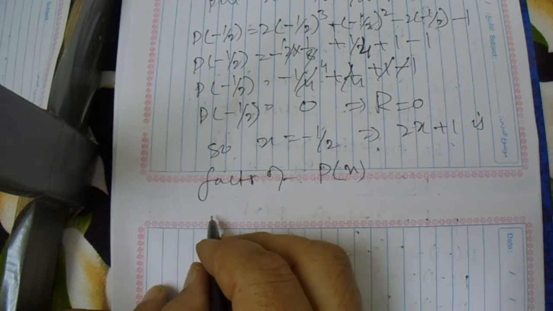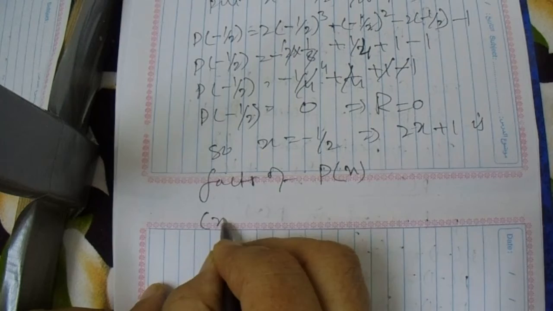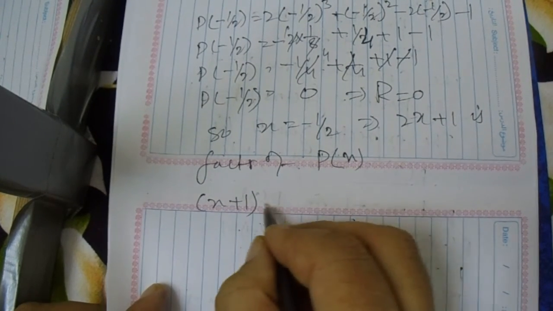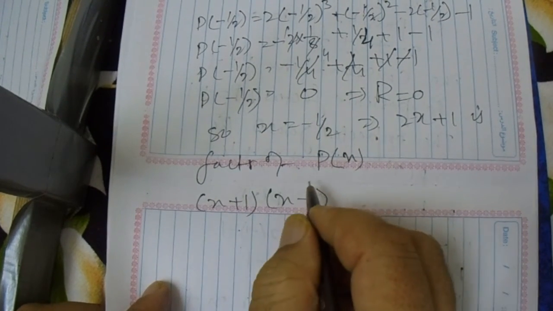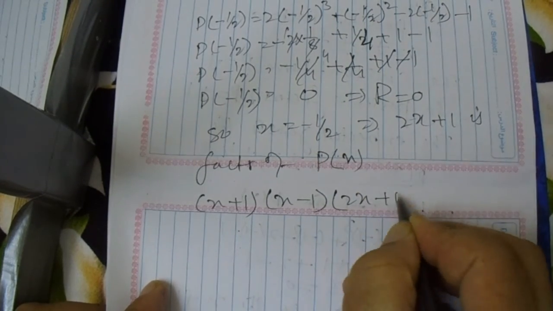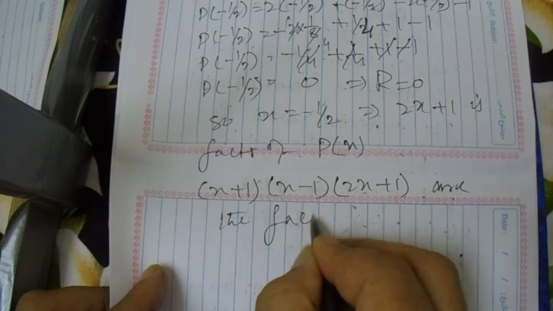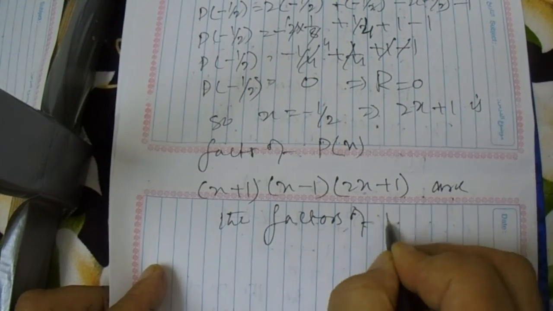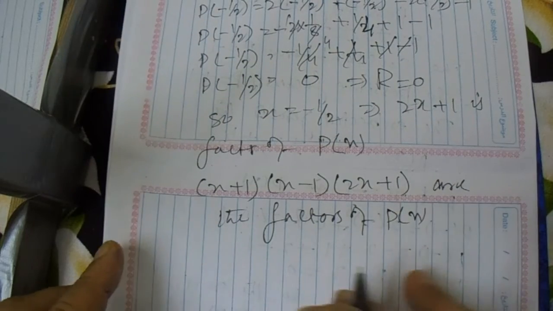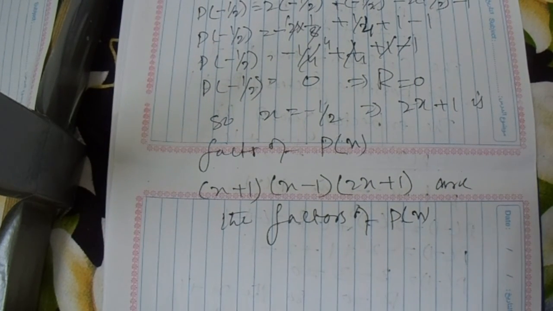It means we write here x + 1, x − 1 and 2x + 1 are the factors of P(x). Now this is the end of this exercise, and I left two questions. You do them yourself.